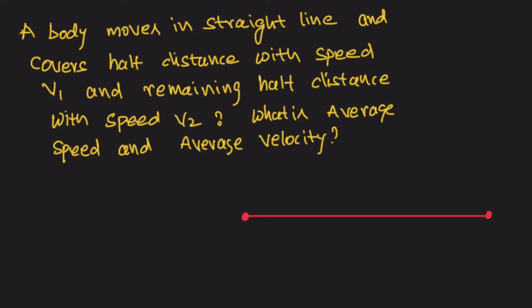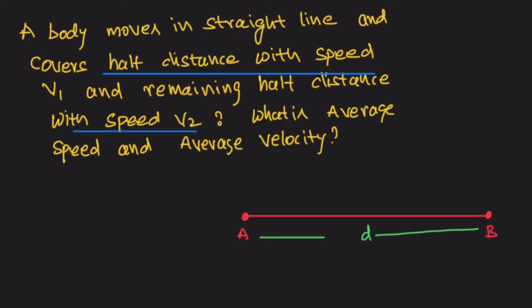The first half distance is covered with speed v1, the remaining half distance with speed v2. Suppose the total distance is d.